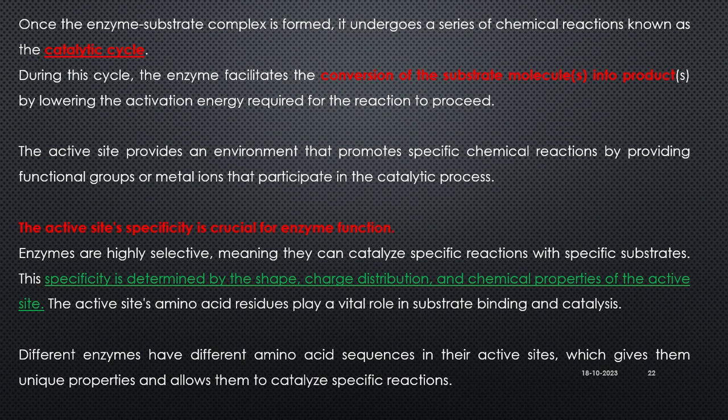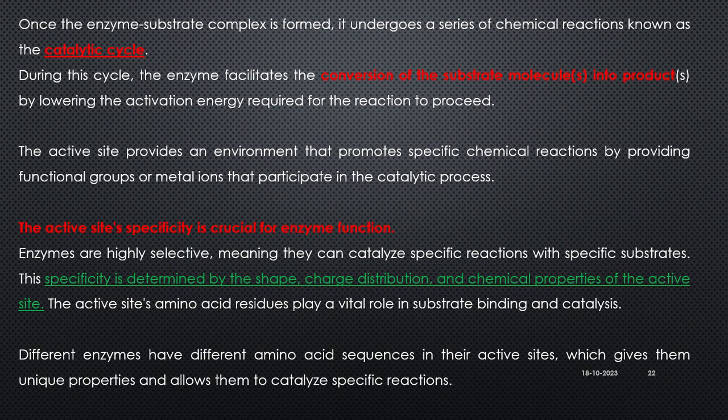So the series of chemical reactions that happen with the active site and substrate is called the catalytic cycle. During this cycle, the enzyme facilitates the conversion of substrate molecules into a product by, now remember this, lowering the activation energy required for the reaction to proceed.